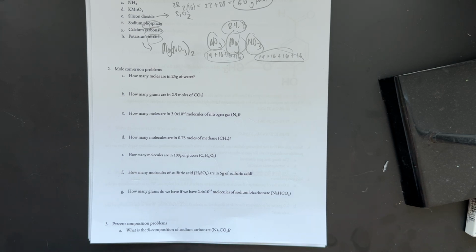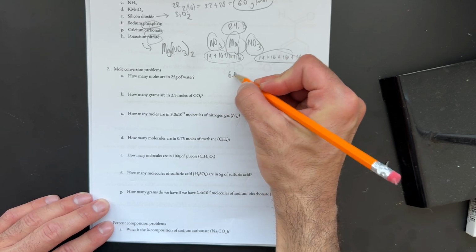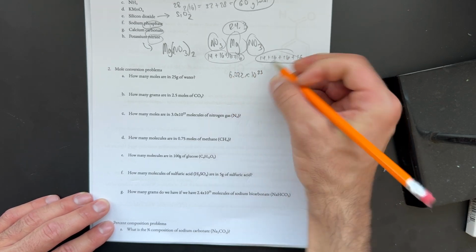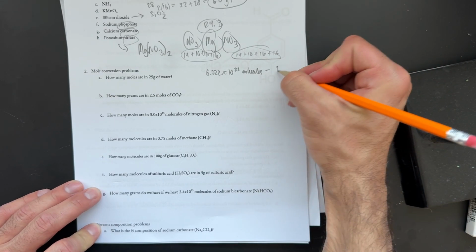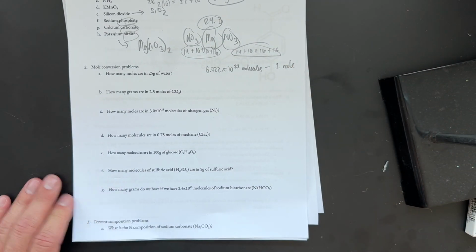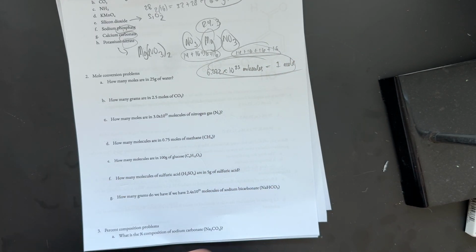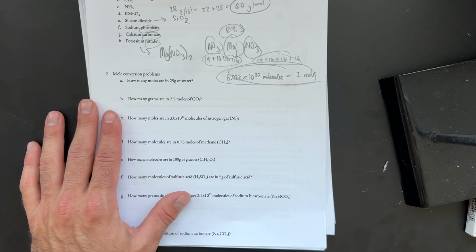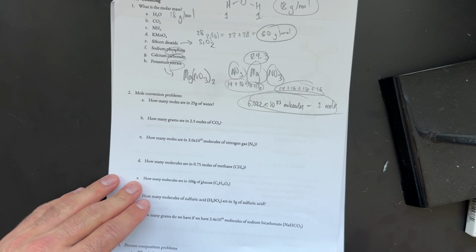Okay, mole conversion problems. Remember, 2 things you really need to have on your sheet. You need to have the definition of the mole. The mole is 6.022 times 10 to the 23rd molecules of a substance in 1 mole of that substance, okay? And remember, what we're ultimately doing whenever we do these types of problems is dimensional analysis, where you start off with what you have and multiply by factors in fraction form to get what you want.